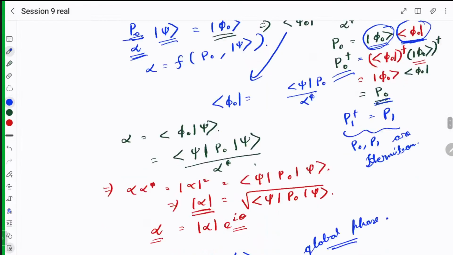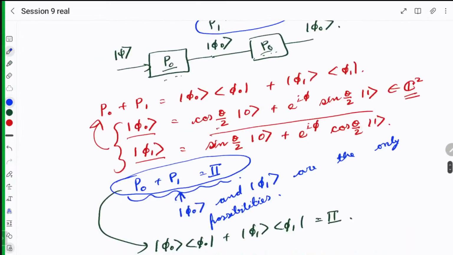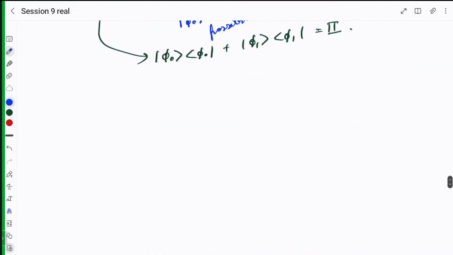Now with that, let's try to describe projection operators, or projective measurement, more generally.